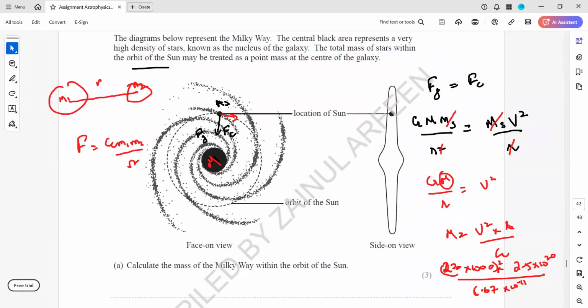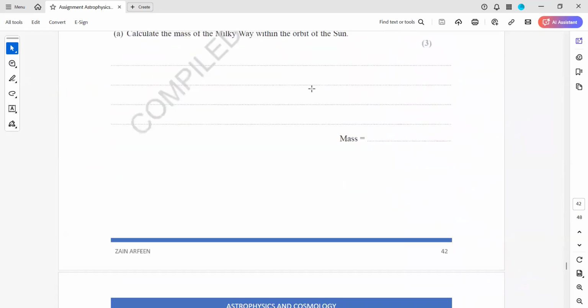When you substitute, you will get the answer for the mass which is present within this orbit of the sun, which we call capital M. Is it clear? It is 1.8 exponent 41 kg. So 1.8 exponent 41 kilograms is the total mass present within the orbit of the sun.